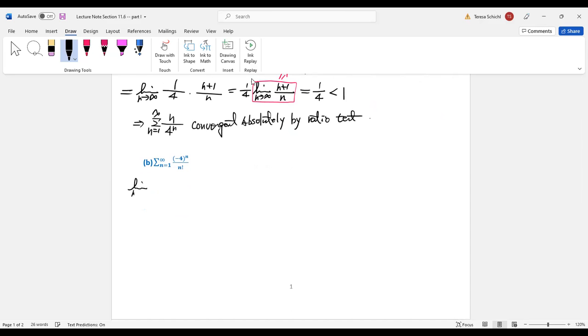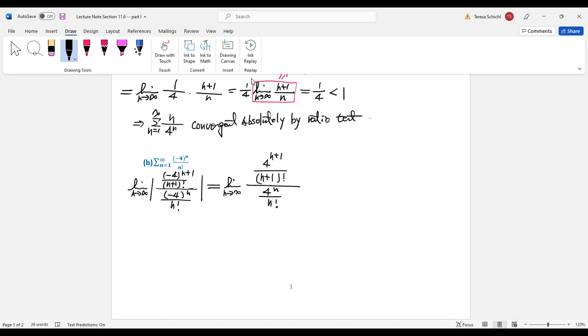So the limit as n approaches infinity of a(n+1), that means (n plus 1) factorial, times -4 to the n plus 1, divided by n factorial times -4 to the n. Because this is the absolute value, I can get rid of the negatives. So my top will be (n plus 1) factorial and 4 to the n plus 1, and the bottom is n factorial and 4 to the n.